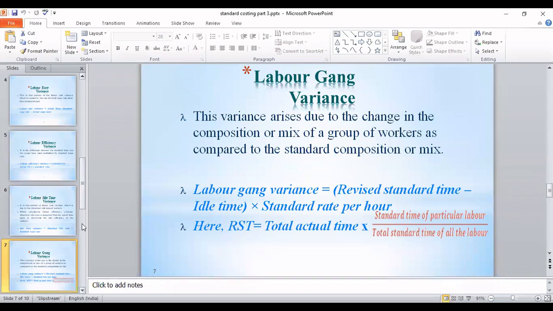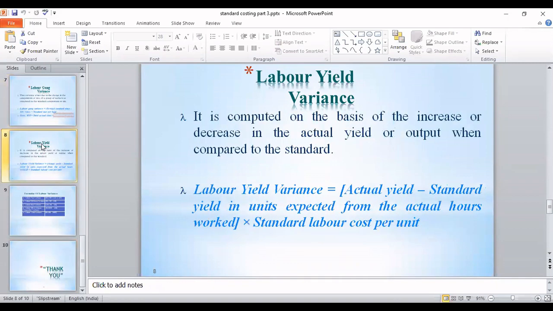Okay. Now the next one, which is the last variance, is labor yield variance.